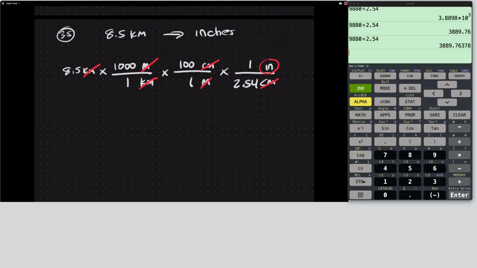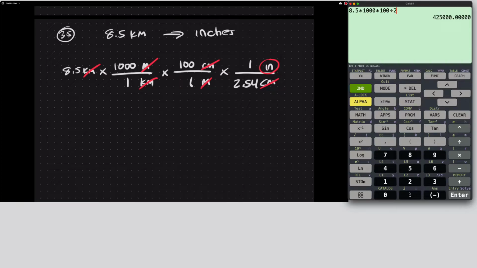So now on the calculator, we're just going to type in 8.5 times 1,000 times 100. Everything that's on the top gets multiplied, and everything that's on the bottom gets divided.